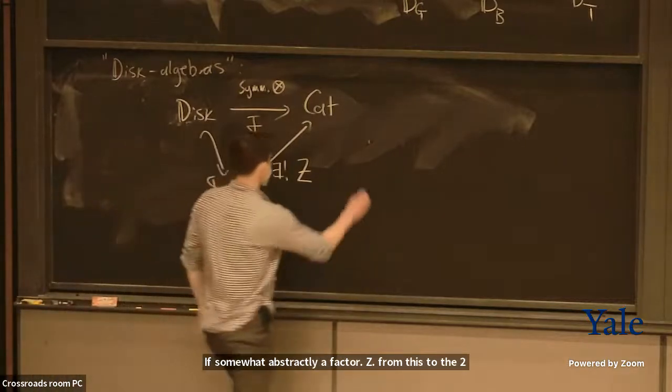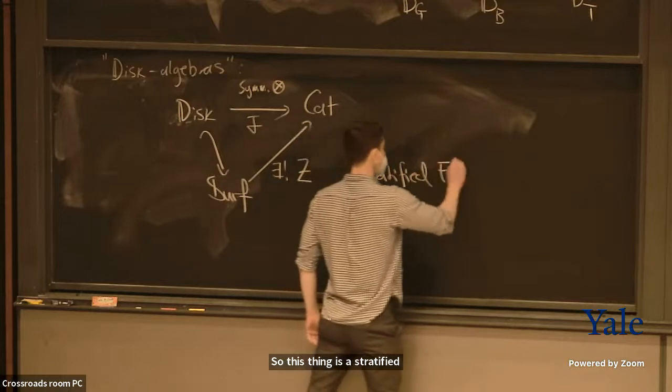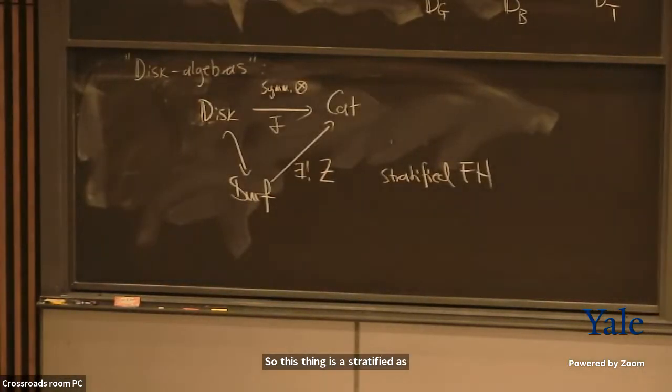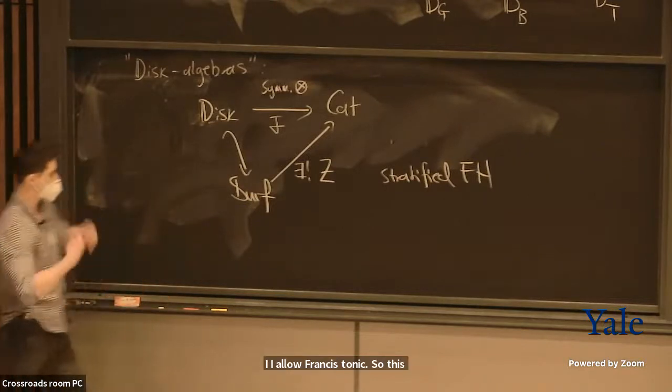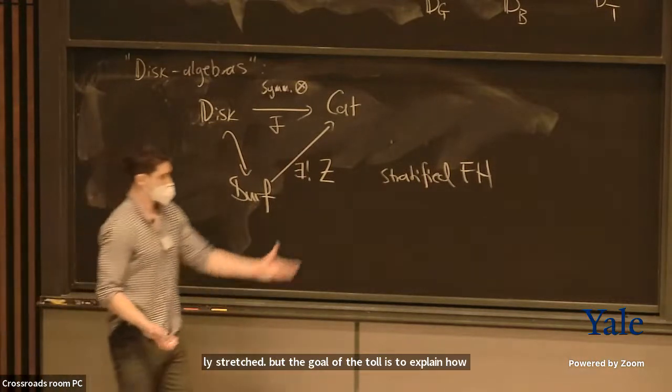This thing is the stratified factorization homology as defined by Ayala, Francis, and Tanaka. Again, this is extremely abstract, but the goal of the talk is to explain how one can boil it down to something very concrete and almost combinatorial.